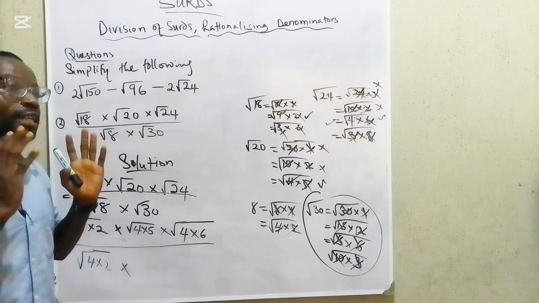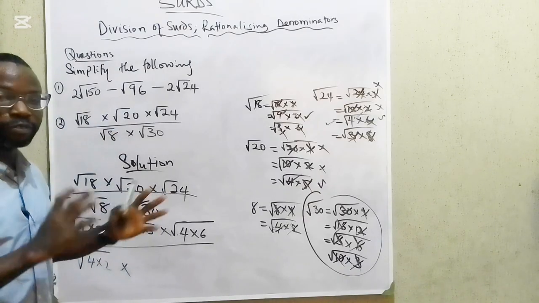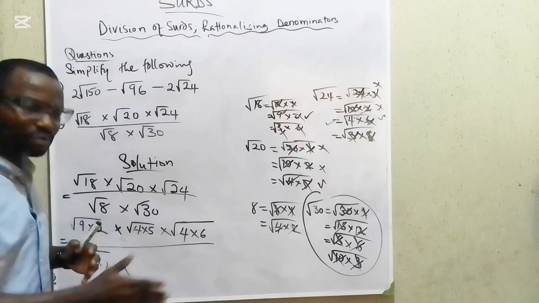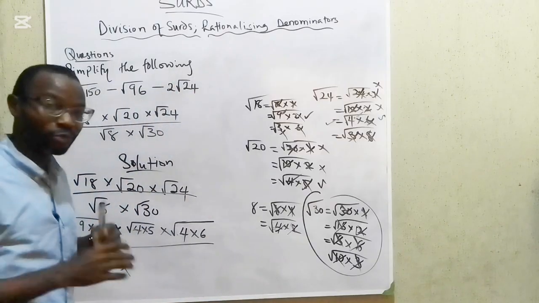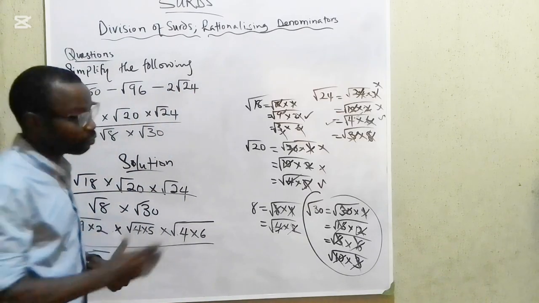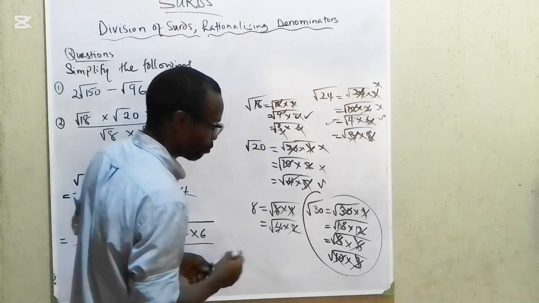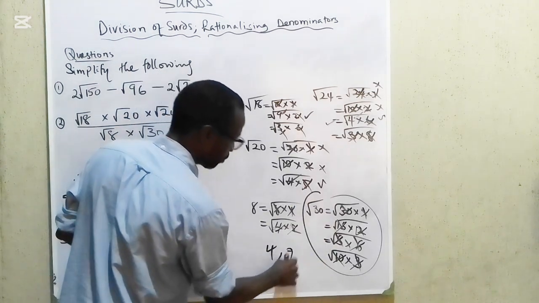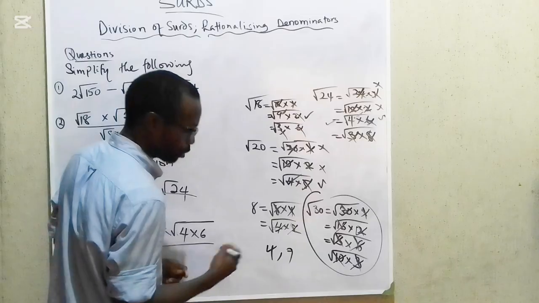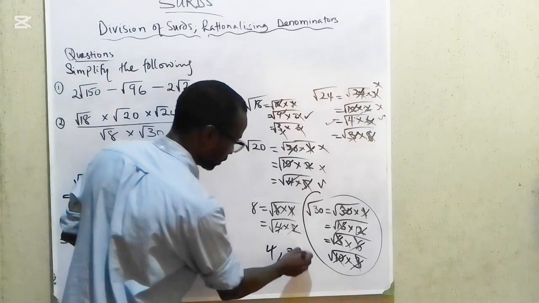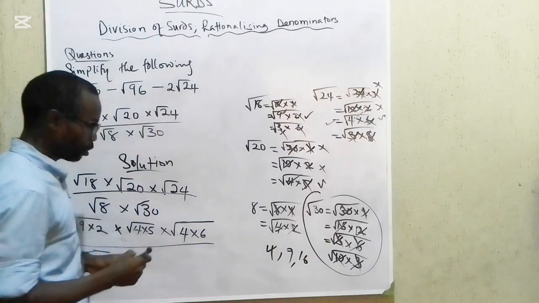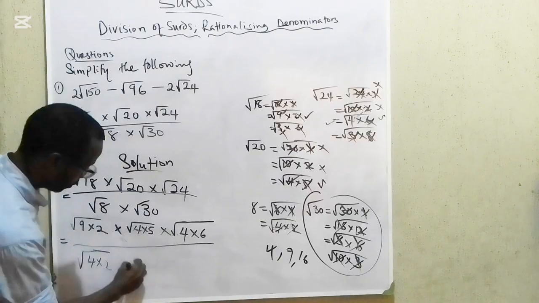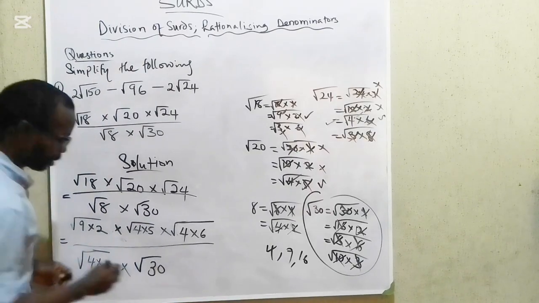So you see, it's not just that you go and solve. You say, oh, this one I know it. I'm racking my brain, doing the working. So from what we've seen, we can't even use 4. 4 has a perfect square root, but 4 doesn't appear here. 9 has a perfect square root. Which other number has a perfect square root? 16. 16 cannot come in here. So we'll leave the square, and we'll leave this number here as this.